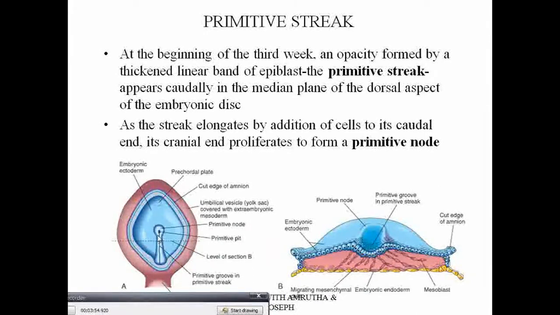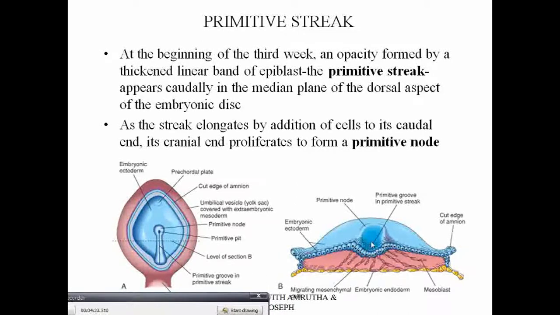So these cells of the primitive streak elongate by adding cells to the caudal end, whereas the cranial end is going to have a big node structure, and that is called the primitive node enlargement.